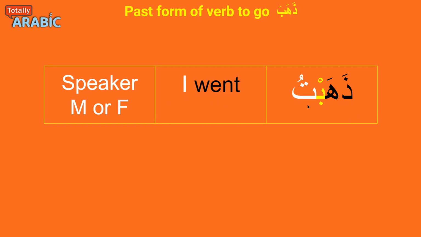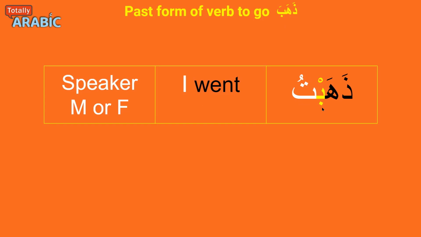If you have a look here, whatever is in white here is actually replacing I. So this ta with dhamma is actually I. Went, which is the past of to go, is here, ذهب. The first letter and the second one keep the same haraka, which is fatha. But the last letter of the root had a fatha, and here it changed to sukun, ذهبت.